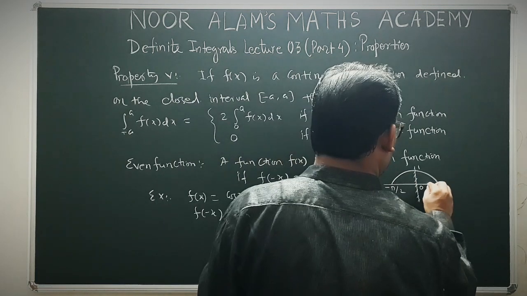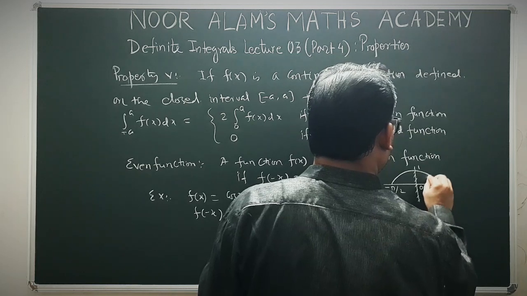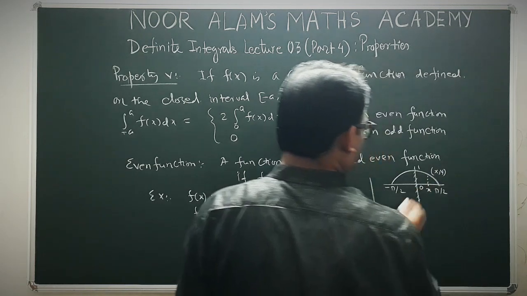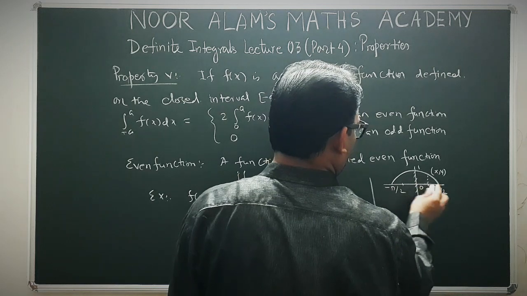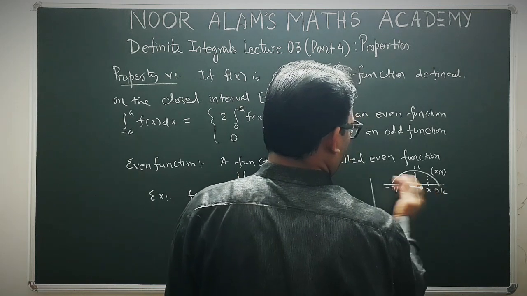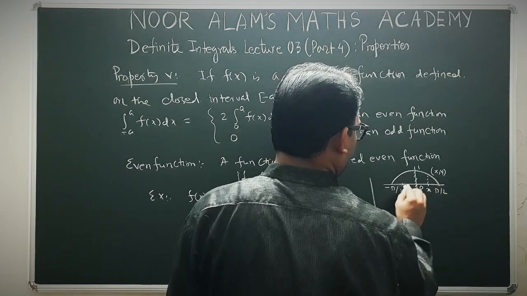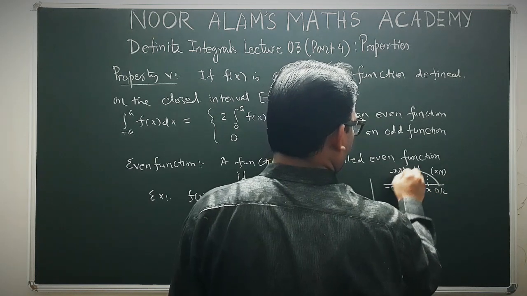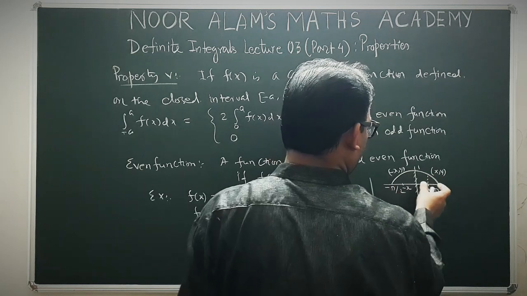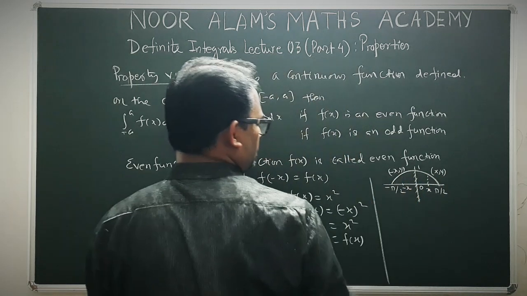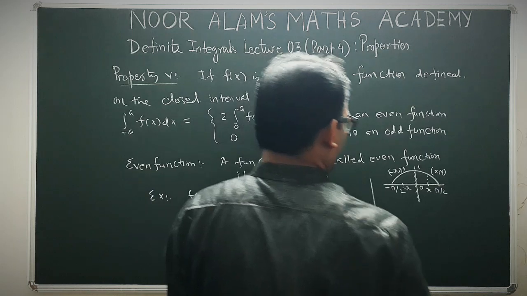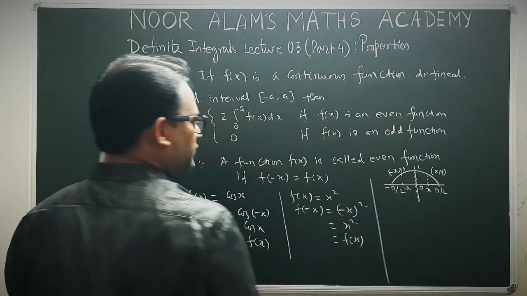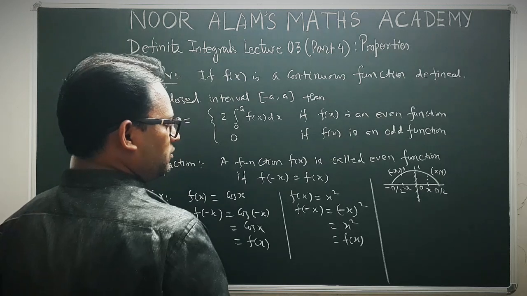If you choose any point x, you get the height y, so you get the point (x, y). If you choose the point opposite to O in the opposite direction, minus x, here you get (-x, y). So if (x, y) is any point on the curve, then (-x, y) is also a point on the curve, and an even function is always symmetric about the y-axis.